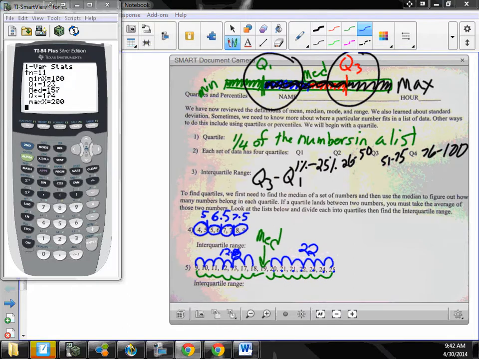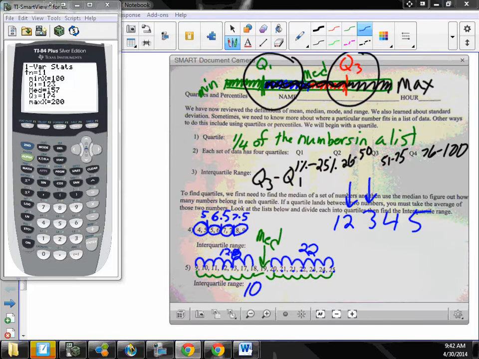Now those were pretty easy because the medians were easy to find. But what if I had 5 pieces of information? 1, 2, 3, 4, 5. Well, there's the median. So where do I put quartile 1? Well, if I put it here, then there are 2 numbers in Q1 and 1 number in Q2, and it's kind of a mess.